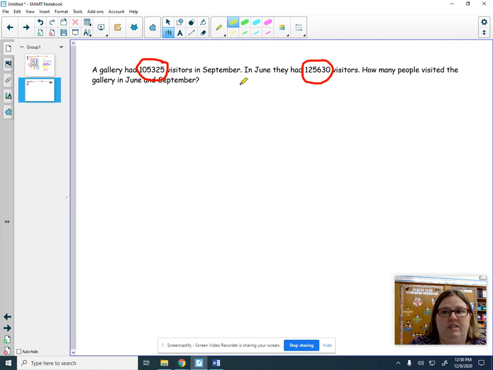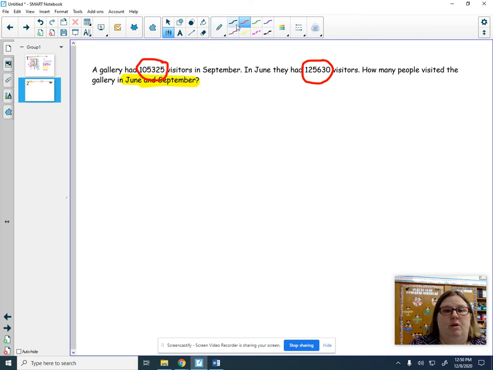So how many people visited the gallery in June and September? So my keyword here is again a little bit harder. It's going to be and. Because it's saying and, it wants to know both June and September. So actually, I'm going to highlight all of that. June and September. That means I need to put them together.